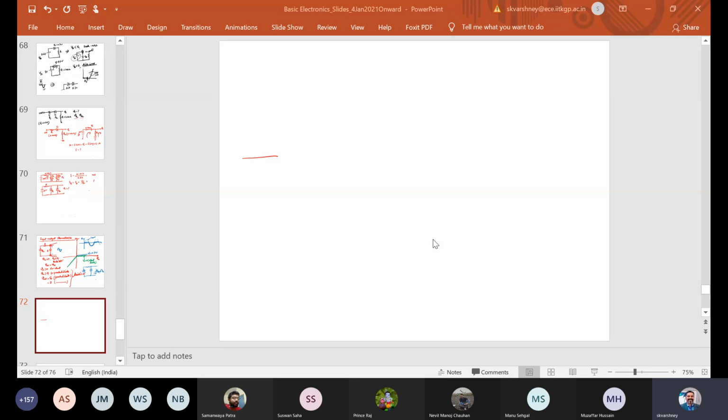I'm not sure whether it is visible, but you can see a silver marking on them. The resolution may not be that good. Focusing is an issue. Are you able to see? No.